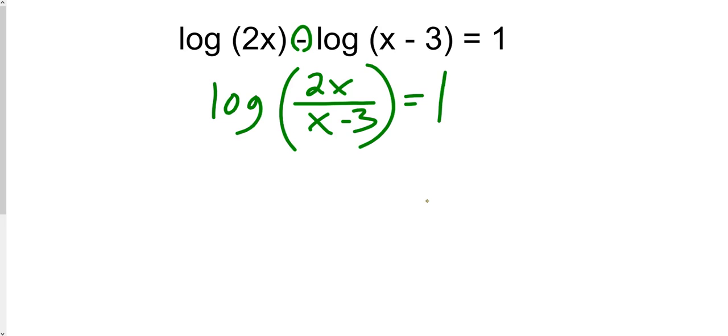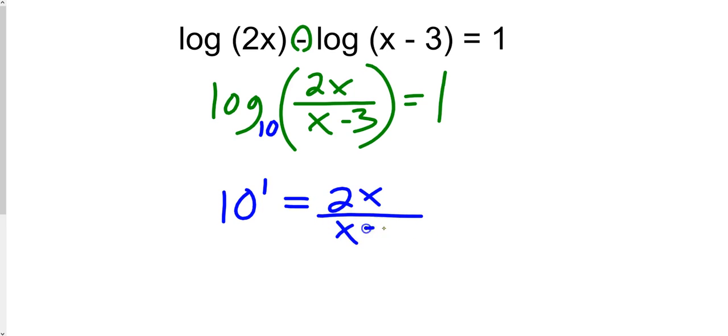So that's what we really have. All we have to do now is think about what's going on. Well, do I have two logs equal to each other, like in the last example? No. So what we're going to have to do is turn this into an exponential. Now, many of you are like, well, Mr. Armstrong, where's that base? Remember, when we just have the word log, there really is a base here. It is a base 10 log. So when we convert this, you're looking at 10 to the first equal to 2x over x minus 3.